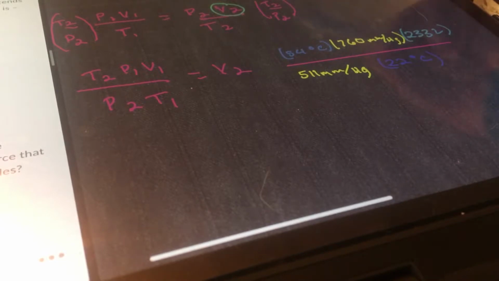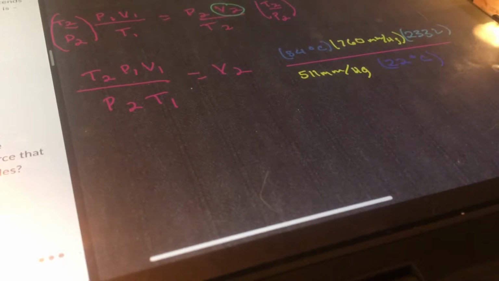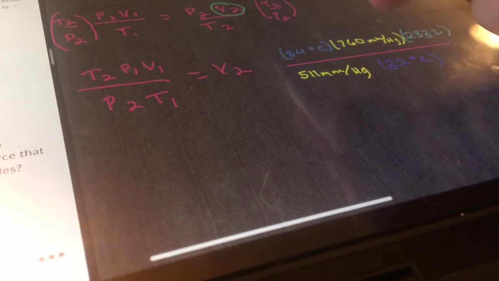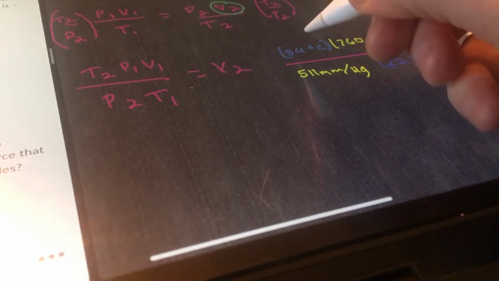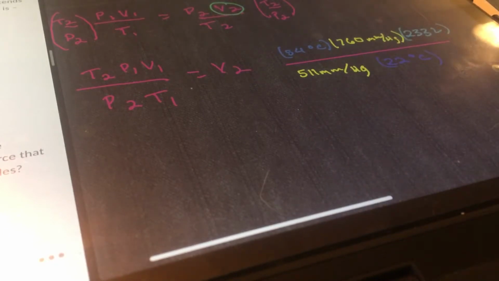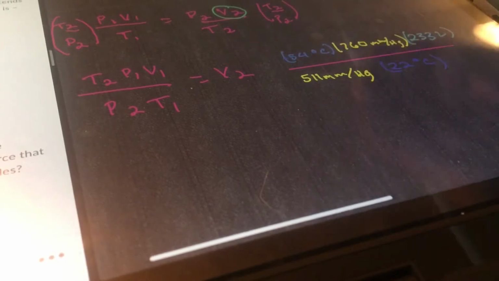Now that we have all that, we can plug in some numbers. Whenever we're dealing with any of the gas laws, we have to convert to Kelvin. And this is minus 54, I'm sorry.